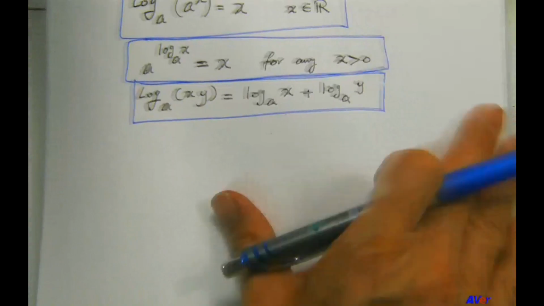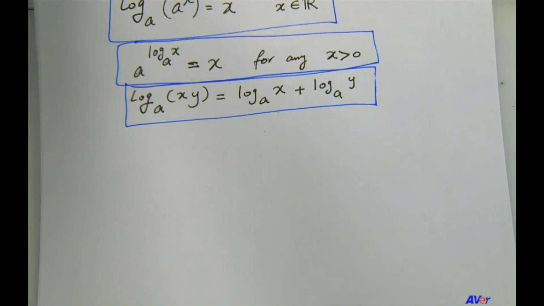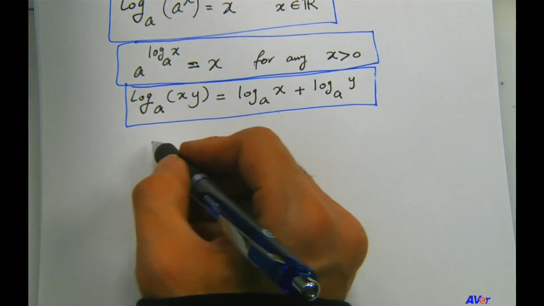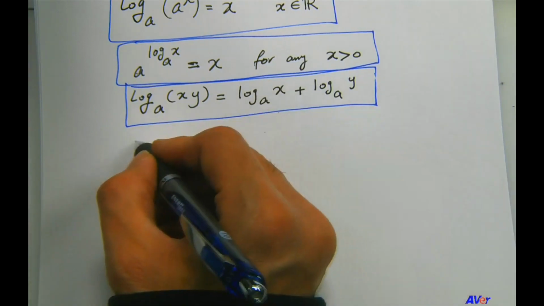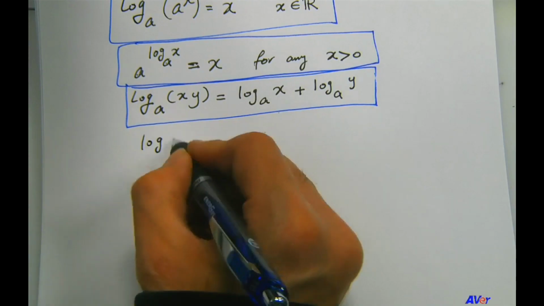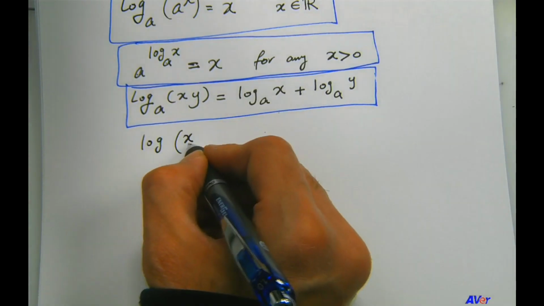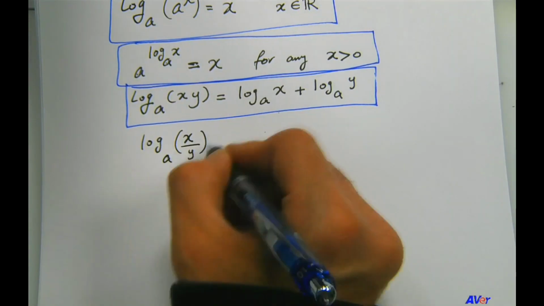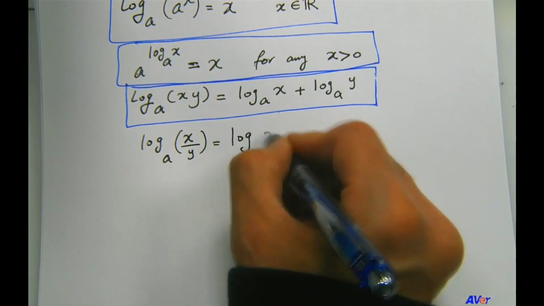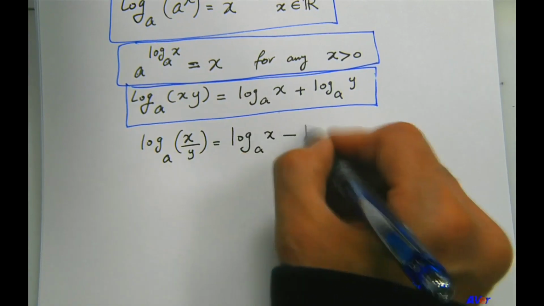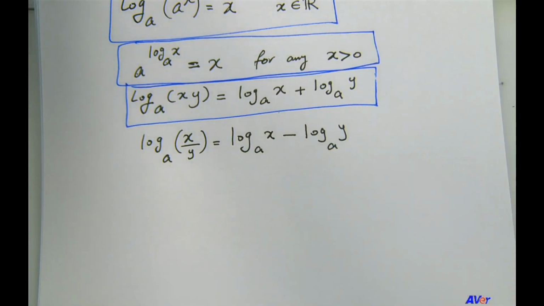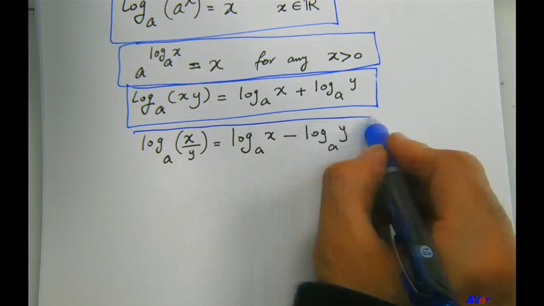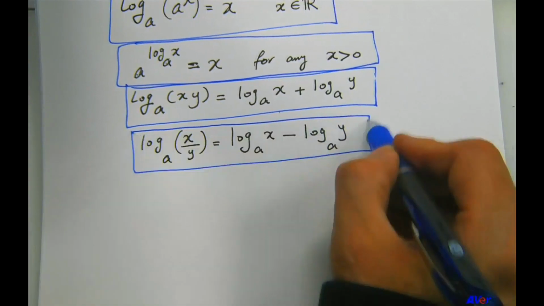Okay, so the log of a quotient becomes the difference between the logs. So log of this quotient x over y to some base a would be equal to log of x to base a minus log of y to base a. Like that.